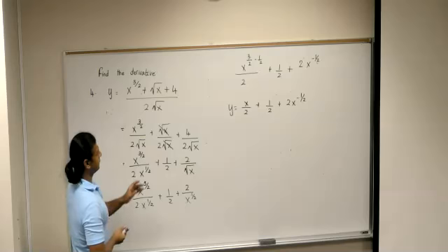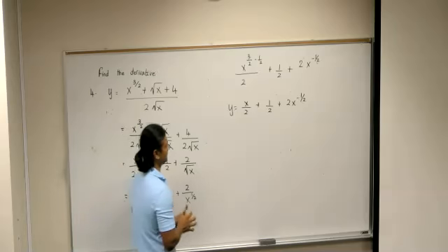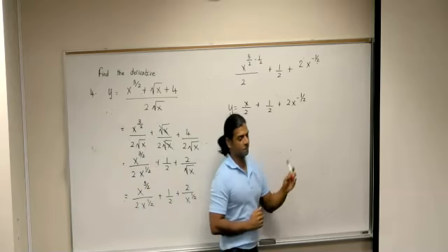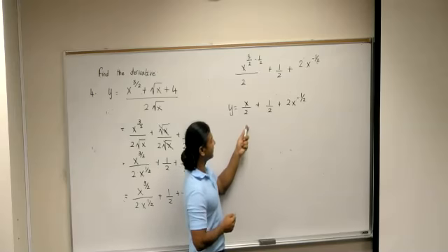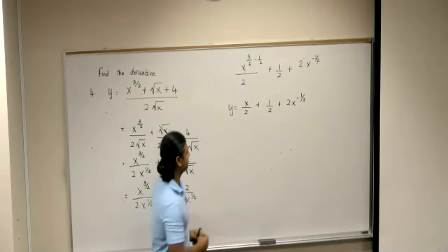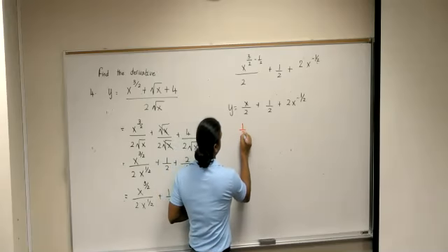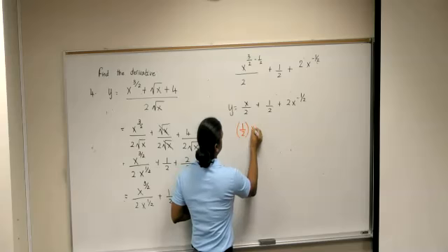What we did thus far is simply rewrite the expression so we can use power rule. Most of you got to this part and got stuck right here. X over 2 is simply 1/2 multiplied by x.